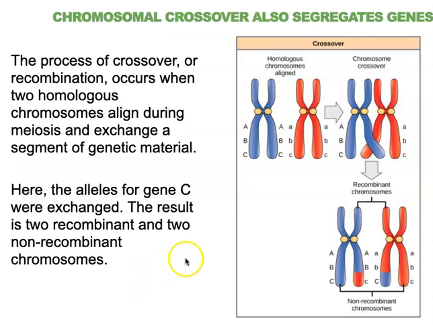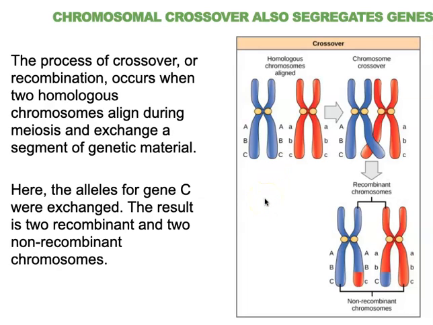And here's the reality. This could happen anywhere on any of our 23 pairs of chromosomes. So the reality is that during meiosis, for any one of your sets of chromosomes, for 23,000 genes, you change the likelihood of ever seeing any meiotic output.